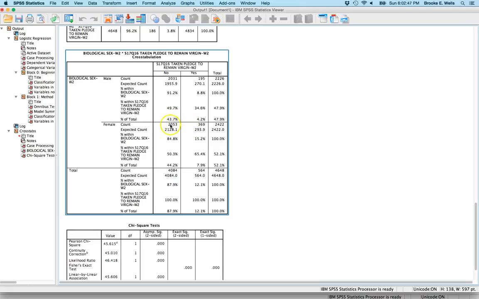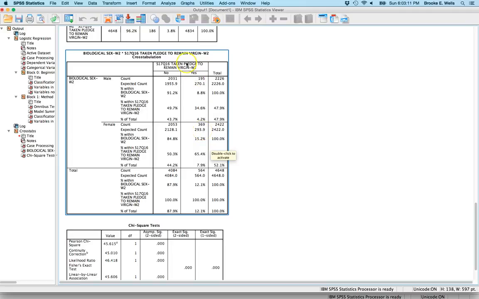So those are just our raw count numbers of the people who are in each of these categories. And then we have our expected count. Based on what this distribution looks like, this is what we would expect in each of these: that 270 of the boys would be in this category, and 293 of the girls would be in this category.